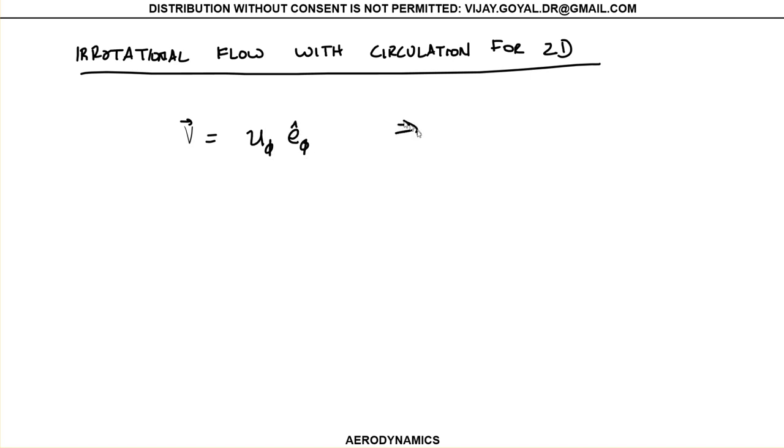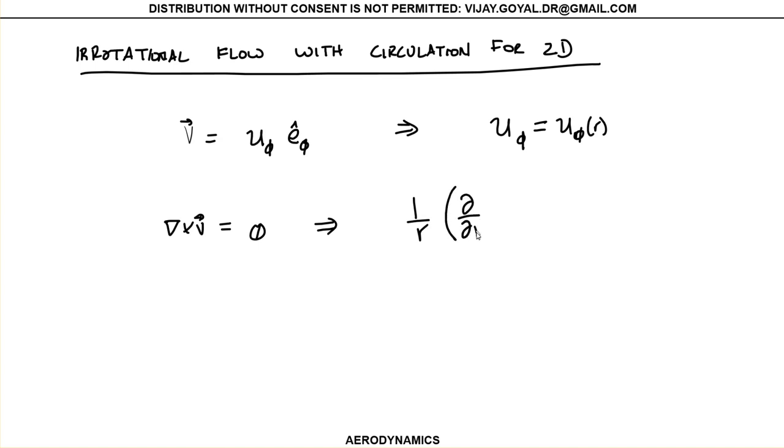Then from here, we also show that this was only a function of r. And we also show that when you take the cross product of this, you found that this is equal to 1 over r, partial of r with respect to r, U phi, e x, is equal to 0.